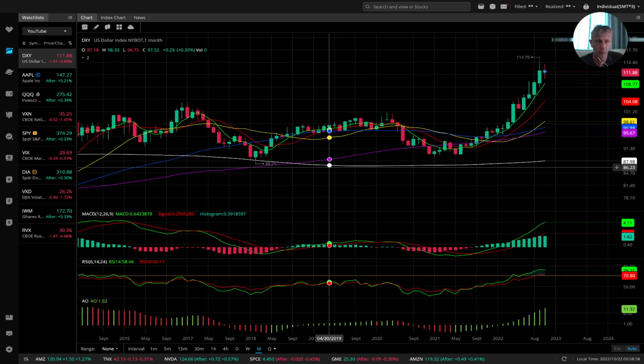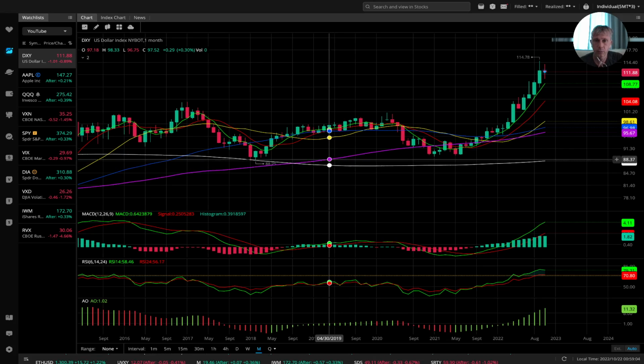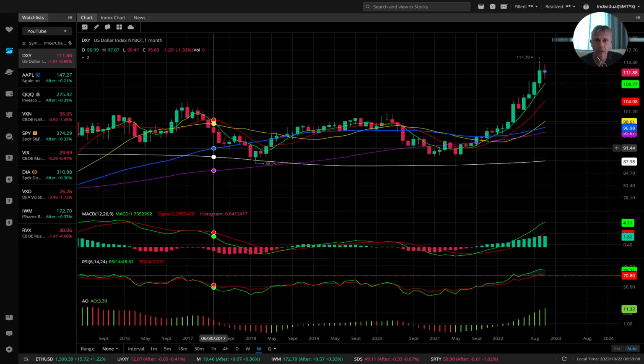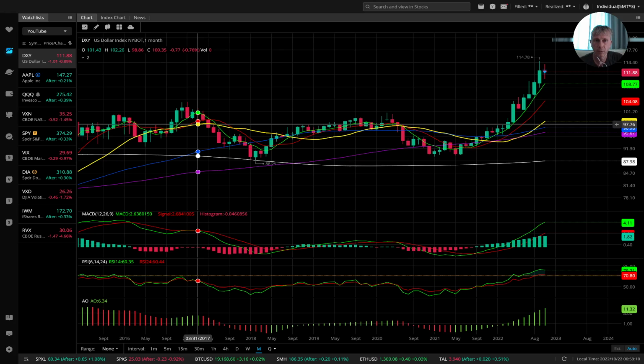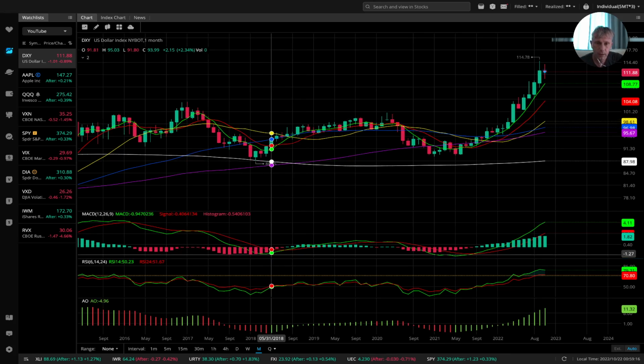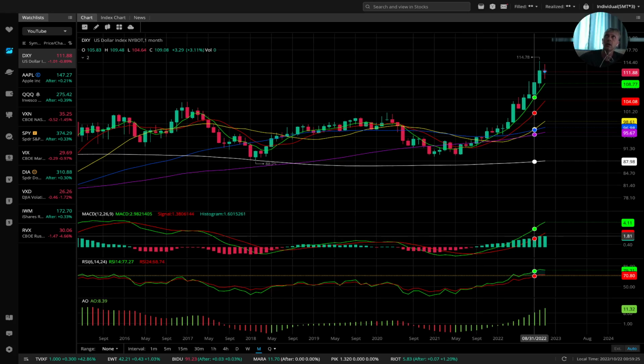Even if you don't have VIBOL, you can use a different application. White line MA200, purple line MA100, blue line MA50, yellow line MA20, red line MA10, green line MA5. The green line for MACD is the MACD line, and the red line is the signal line. That's what we have right now.